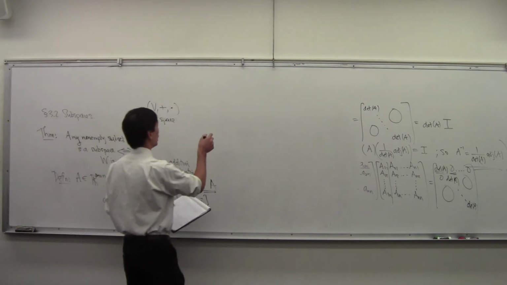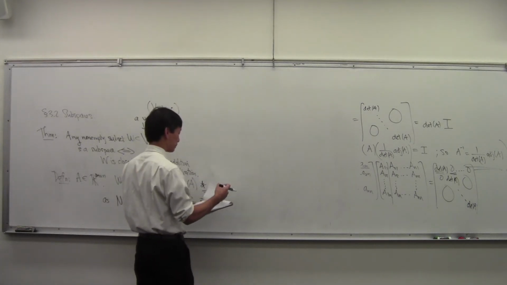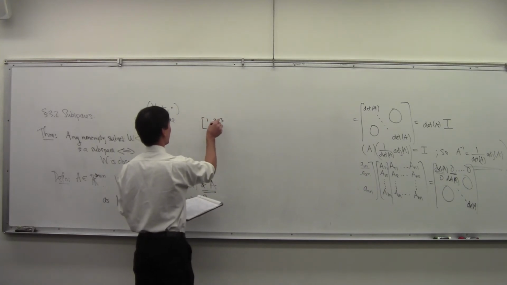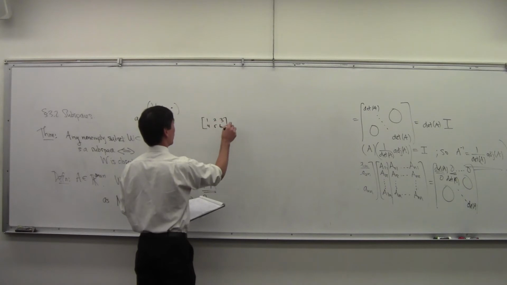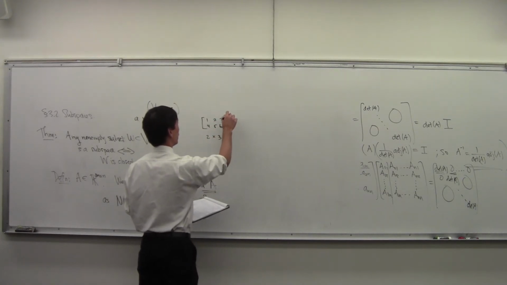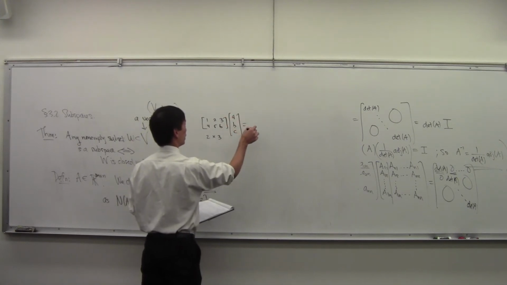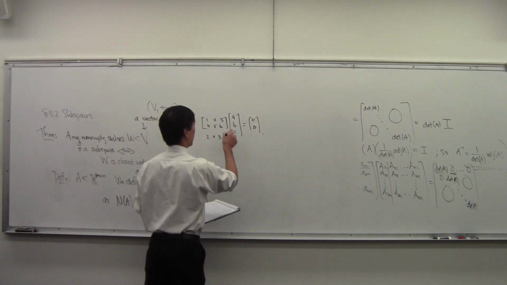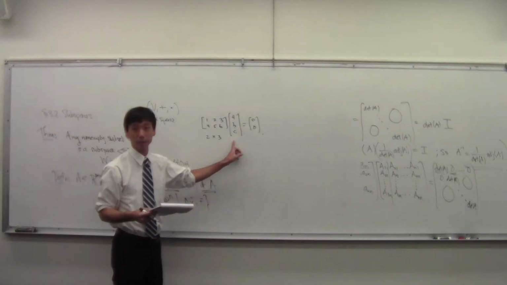Okay. So if I have some matrix 1, 2, 3, 4, 5, 6 again, then this is a 2 by 3, right? And if I multiply something by it, and I get the 0 vector, then that ABC is in the null space.